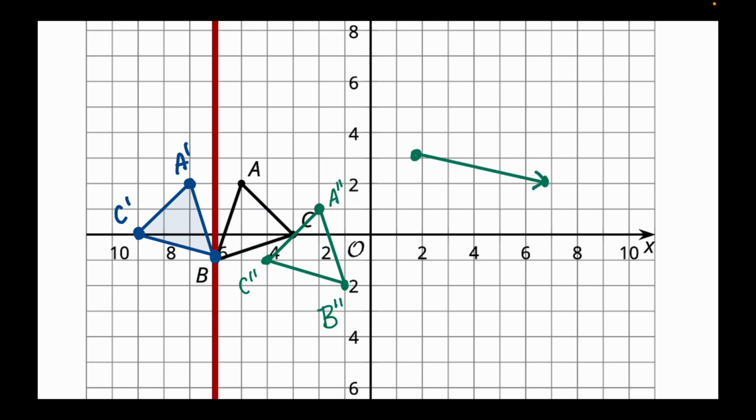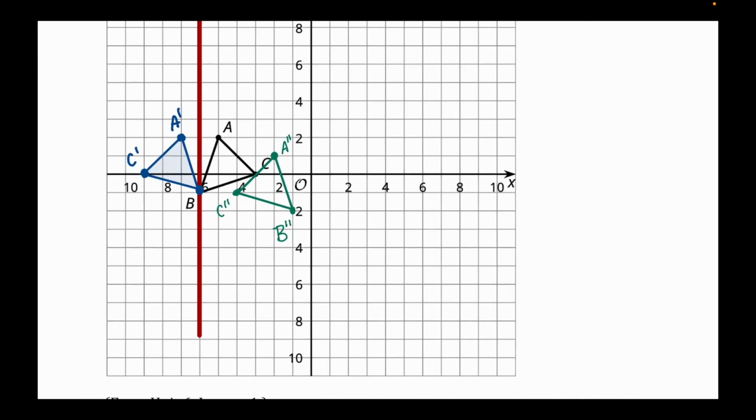So I'm going to get rid of this guy now because I don't need it. And we're going to write out what these are. So my A double prime, or the new coordinate of A, this looks like it is -2, +1. My new coordinates for B, in this case B double prime, is -1, -2.